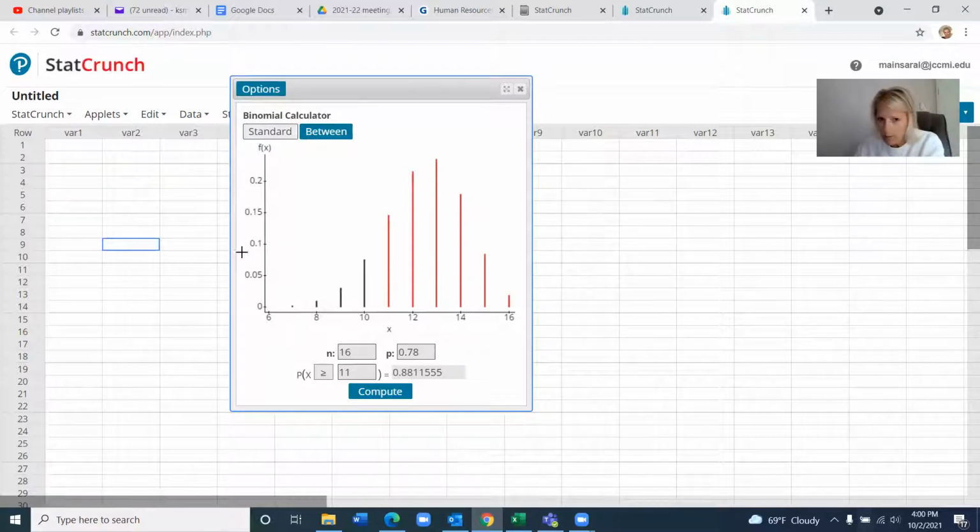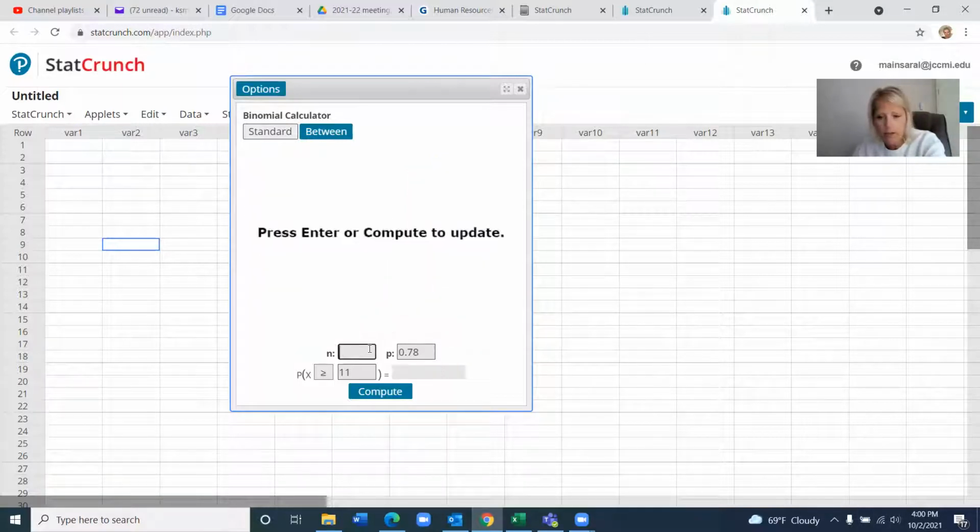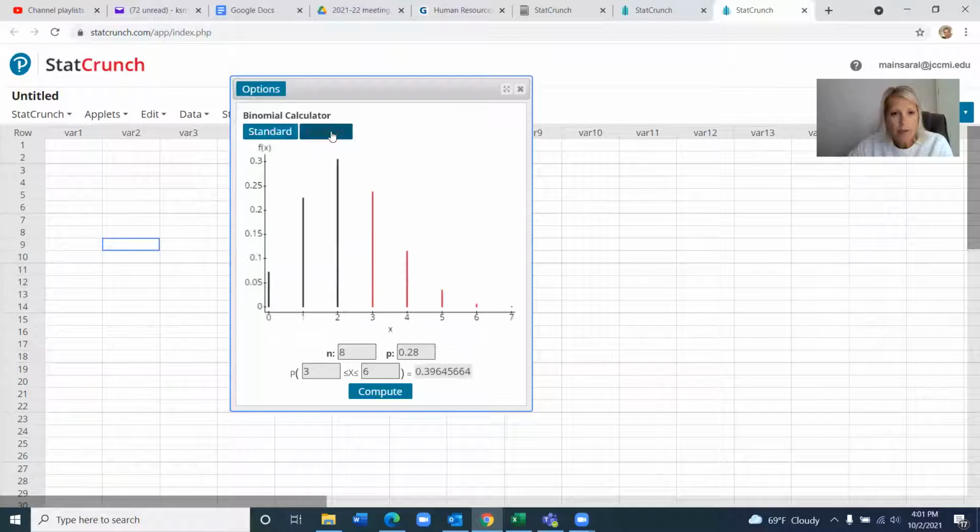Part D says n equals 8. So if we're choosing 8 random questions, let's say, and the likelihood of randomly choosing the correct answer is 28%, we want the probability that the number of correct answers guessed is between 2 and 5. So this is where we have to go up here. See where it says we were in the standard. Anytime we go to in between, it's just one little situation that's in between.